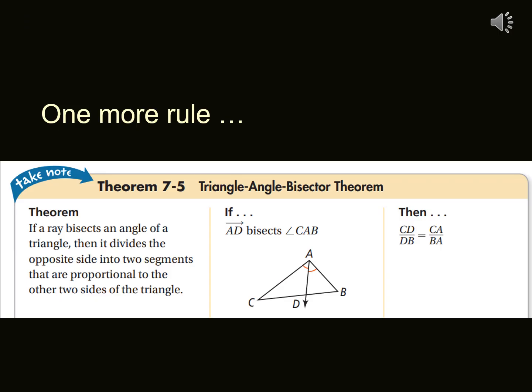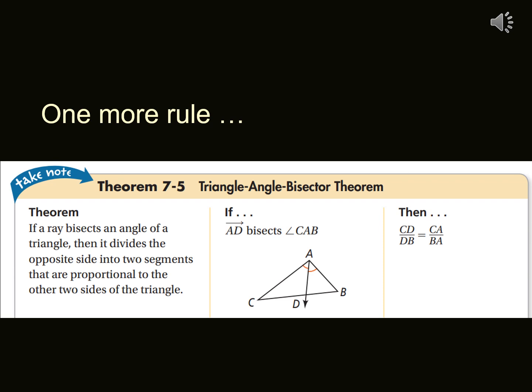The final rule that comes up in this section, your book calls the triangle angle bisector theorem. And it says if a ray bisects an angle of a triangle, it divides the opposite side into 2 segments that are proportional to the other 2 sides of the triangle.